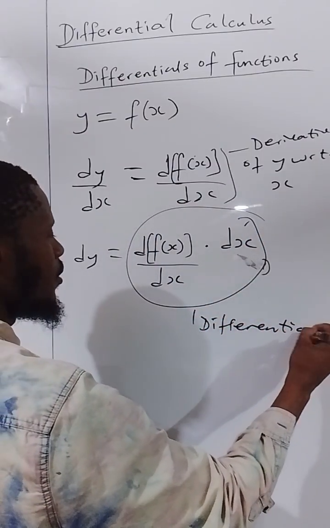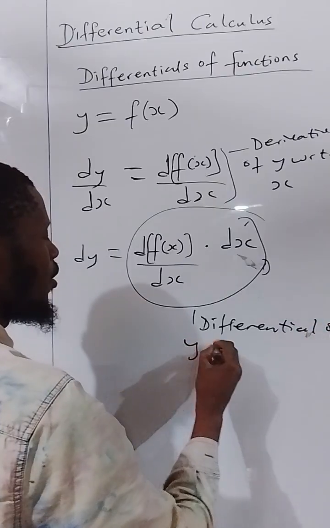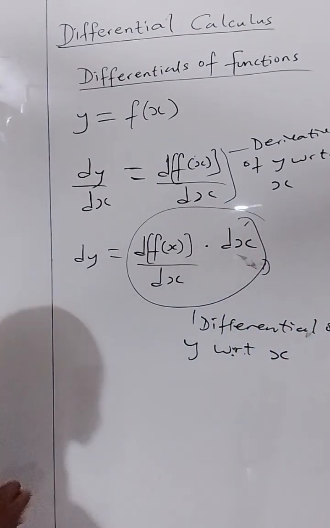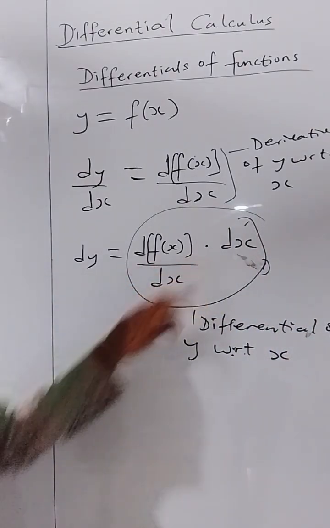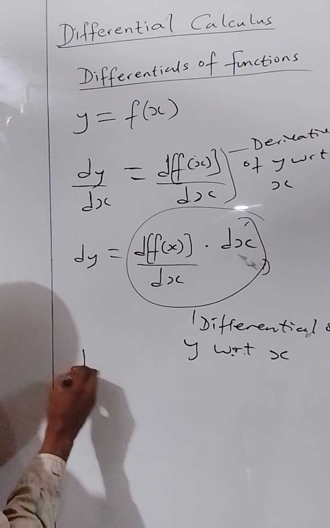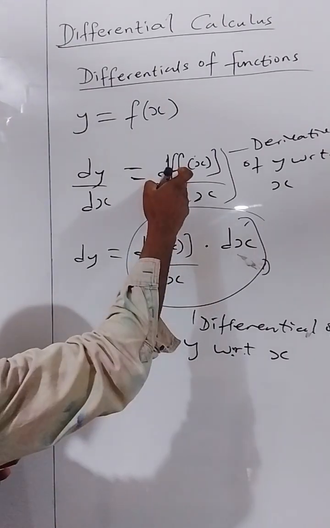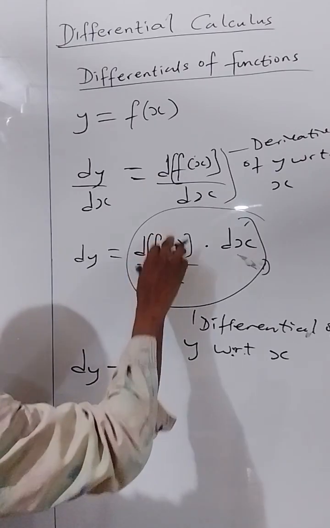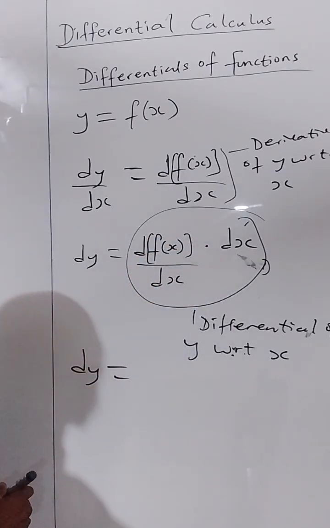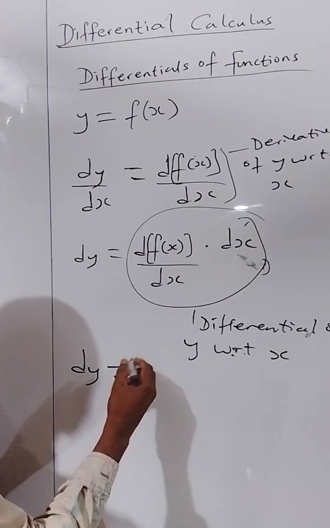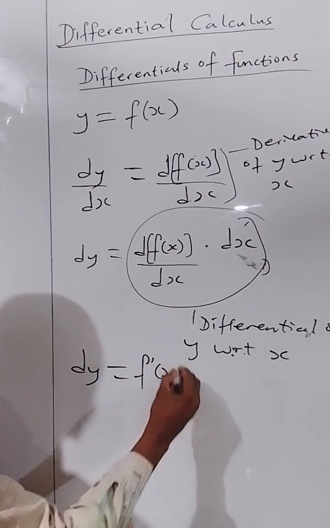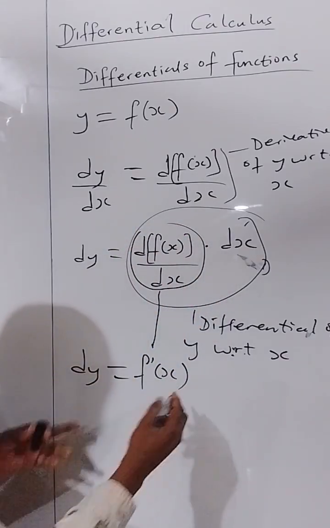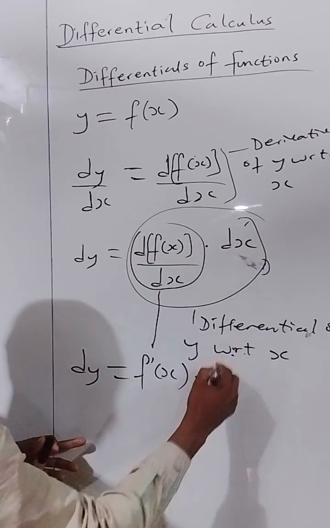Everything we have here is what we call the differential of y with respect to x. This same thing can be rewritten as dy equals f prime of x dx, using another notation. f prime of x is equivalent to what we have here, and then it is multiplied by dx.